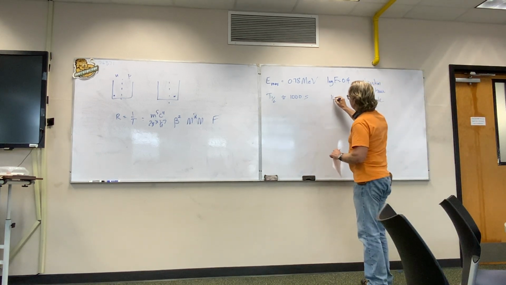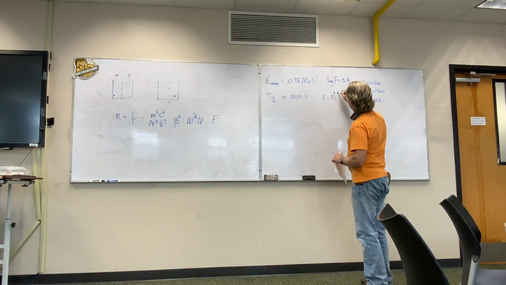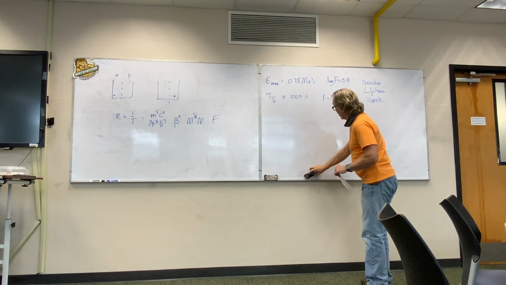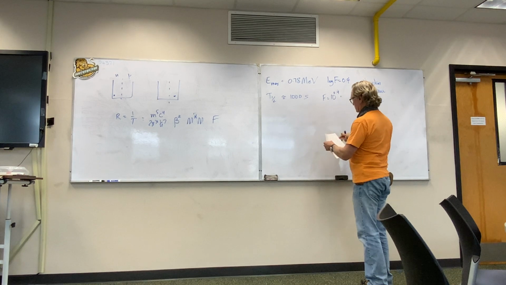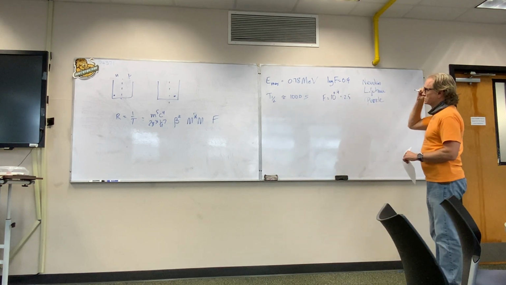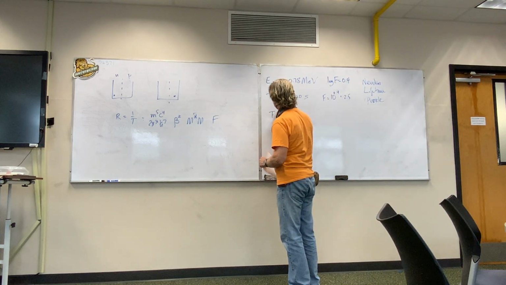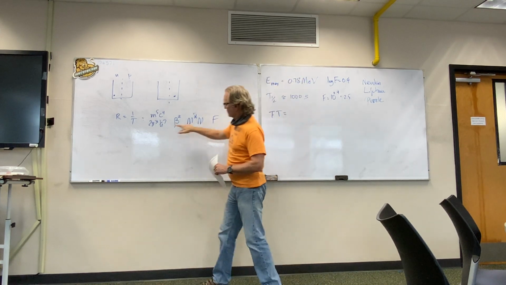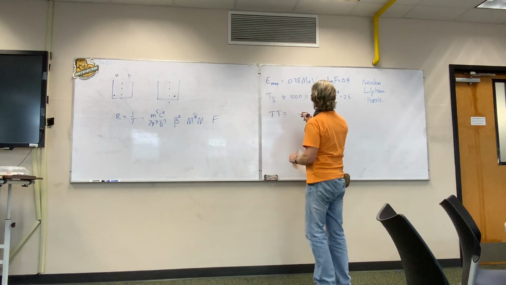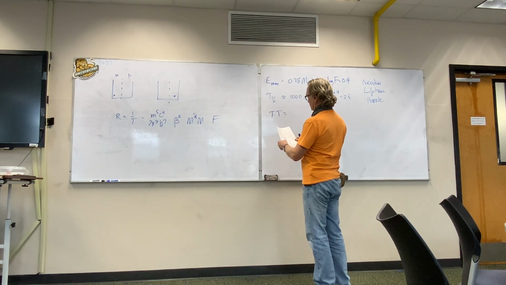Because to get what F is, I have to take 10 to the 0.4. Wow. And I got about 2.5. So that means FT, which is going to be that F times that T, is, well, I get 3570.